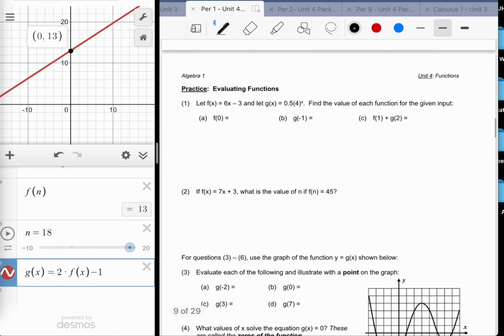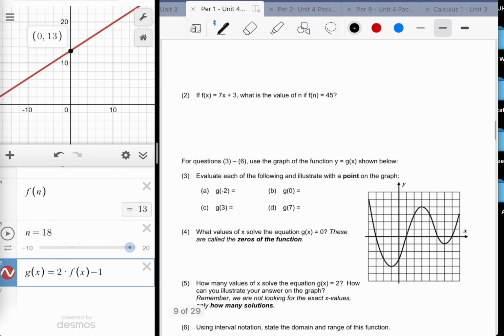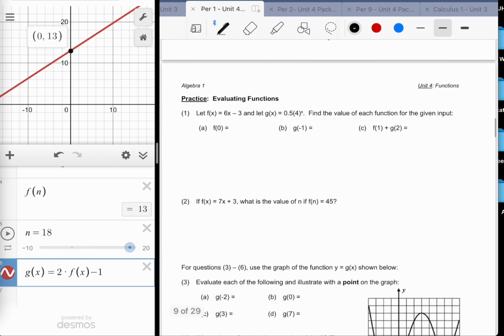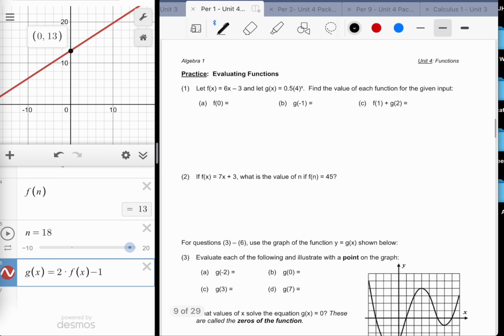So then there's a lot of repeats on the next page, except this time there's a lot of references to g of x, which now you probably have a lot more basis to understand, but let's do number 1 together at least. It says let f of x equal 6x minus 3, and let g of x equal that lovely looking expression. It's an exponential expression, but nothing we can't handle.